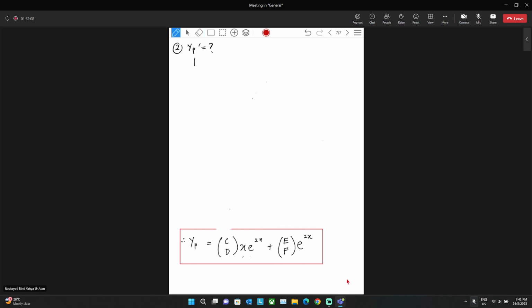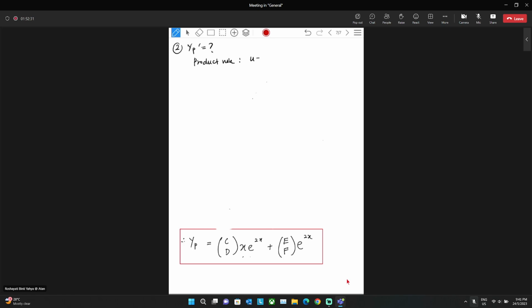So product rule. Here U equal to X, U prime equal to 1, V equal to exponential 2x, V prime equal to 2 exponential 2x.